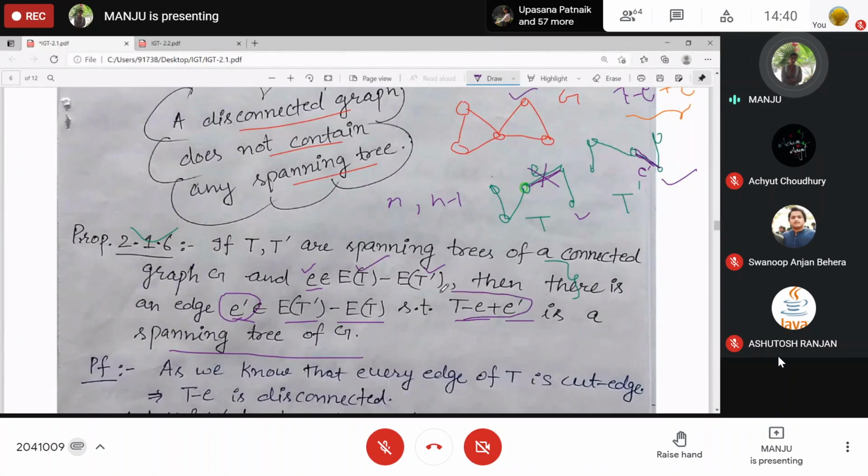So this is the spanning tree. Clear? Got it?